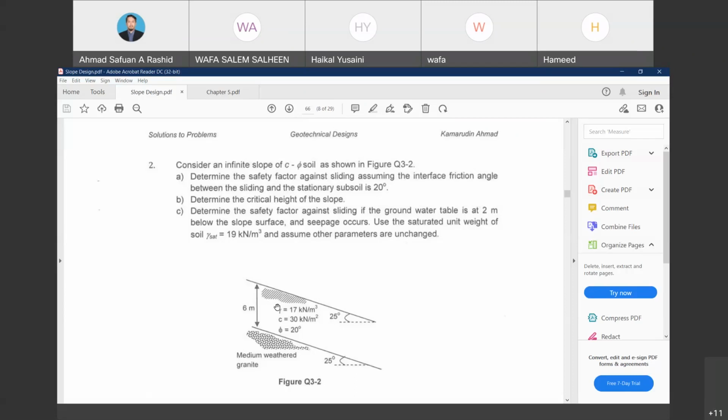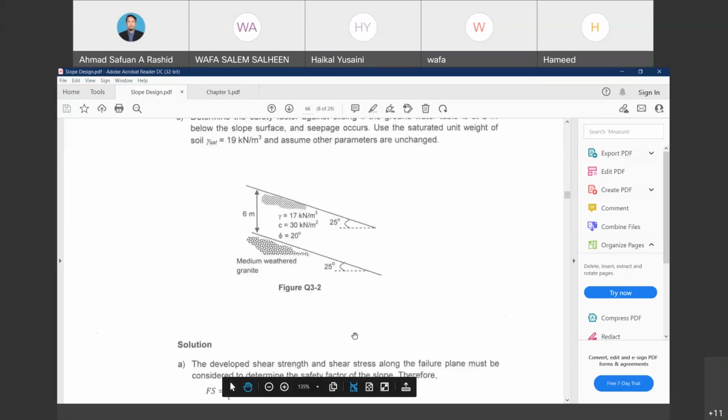So it is 2 meters, meaning that the height of the water is 4 meters. Use the saturated unit weight of soil, gamma saturated equal to 19, and assume other parameters are unchanged.